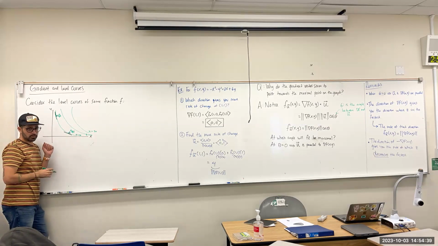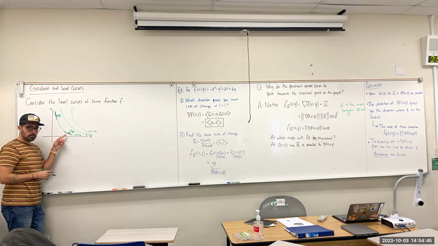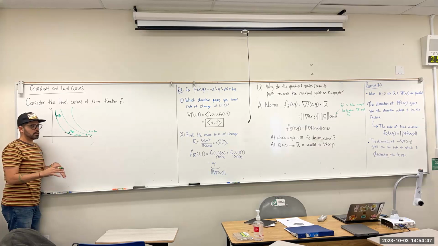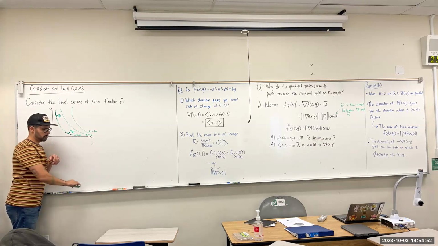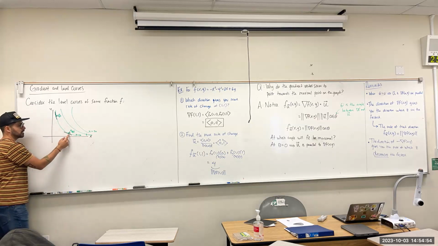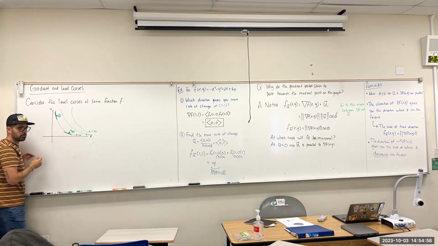Those are all gradient vectors. So what your textbook's going to say is that your gradient vector is perpendicular to your level curve. What does that mean? If you draw a tangent line, it's perpendicular to the tangent. So if I want to increase the fastest, which is my gradient, I have to make sure I go perpendicular to the level curve of that.